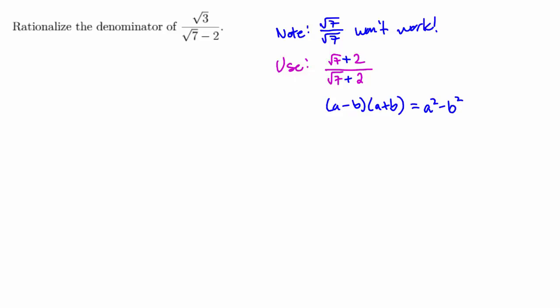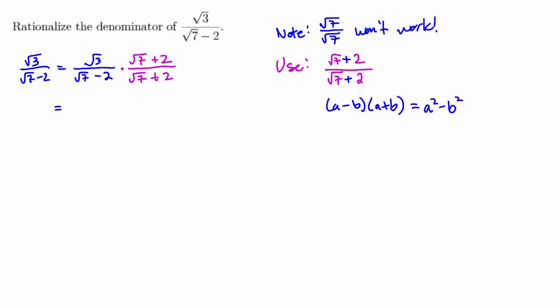So taking this expression, I have the square root of 3 over the square root of 7 minus 2, and as my first step, I'll take that exact expression, root 3 over root 7 minus 2, and I will multiply by that unit fraction that has the square root of 7 plus 2 over the square root of 7 plus 2.